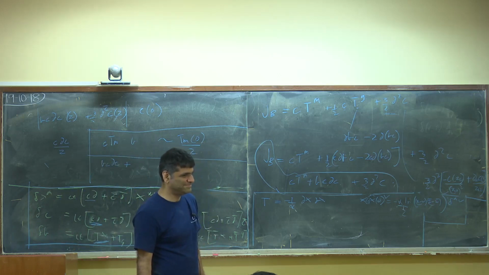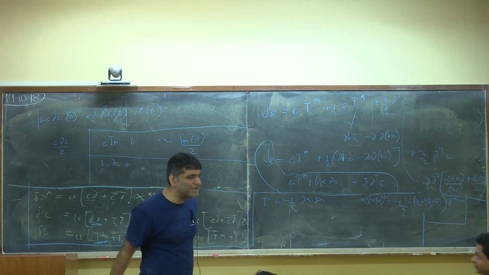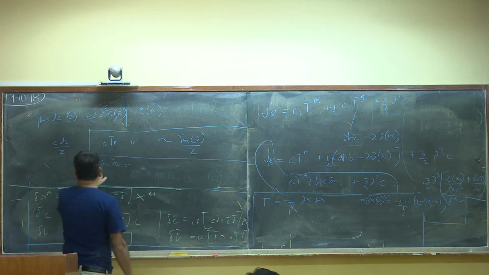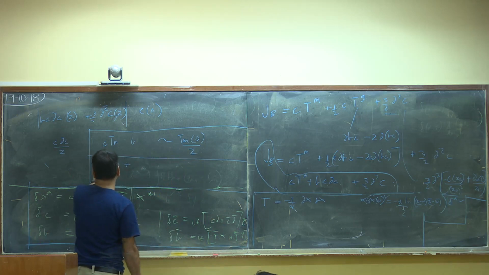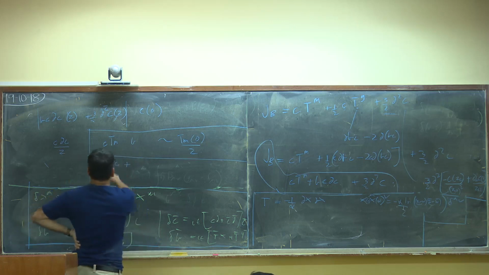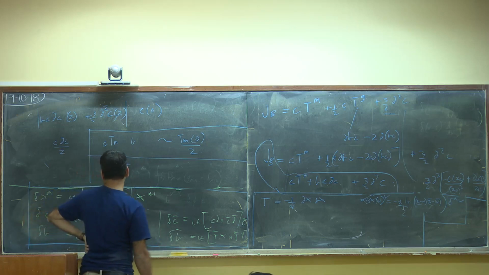Something 1 over z cubed. Yeah, it will not contribute. We'll check that. But let's first look at the BC del C.